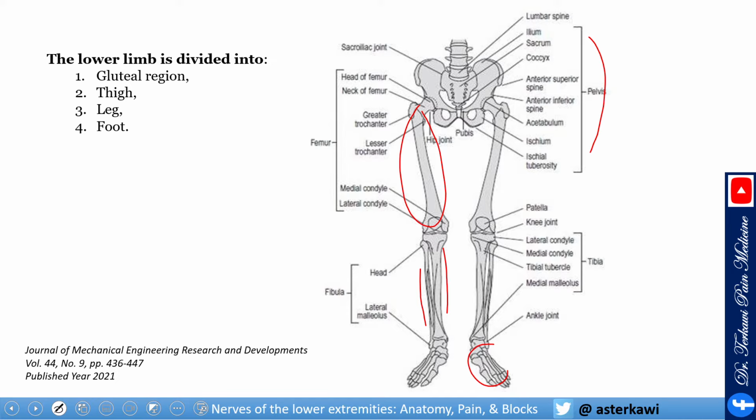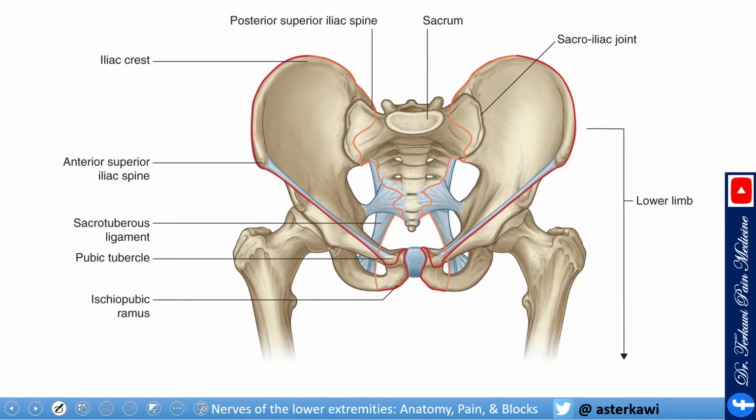This is just a brief overview. So here, important landmarks will be the ASIS, the anterior superior iliac spine, and PSIS, the posterior superior iliac spine, and of course the iliac crest. And you see here the orientation of the hip joint, and from here down, you have the lower extremity.